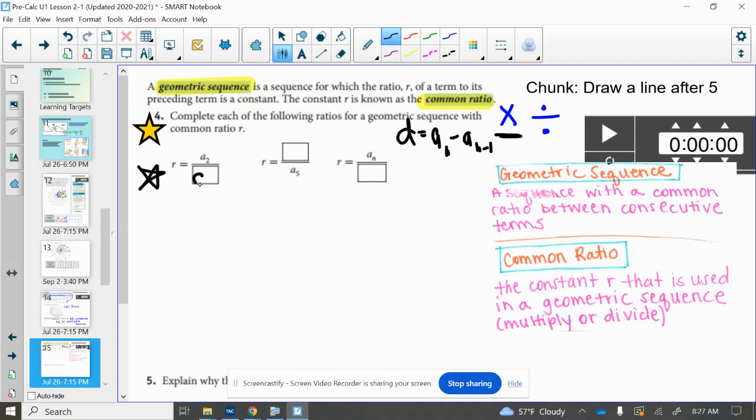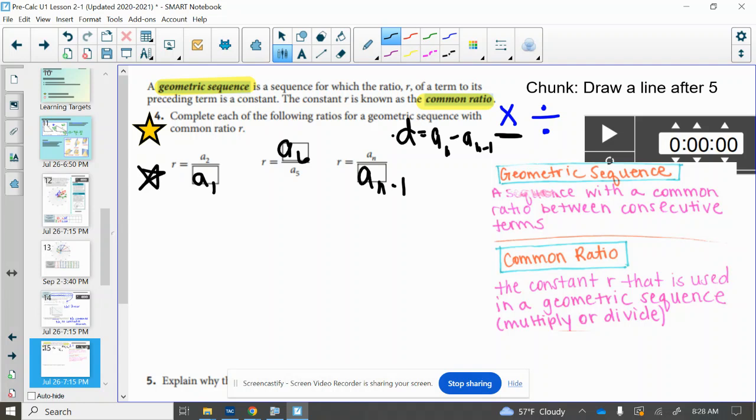We could take term 2 divided by term 1 to get our common ratio, or term 6 divided by term 5, or basically each time a term divided by its preceding term. A little bit different than what our common difference was.